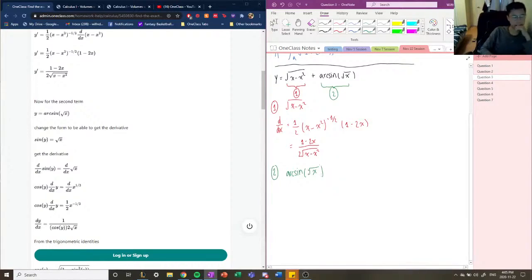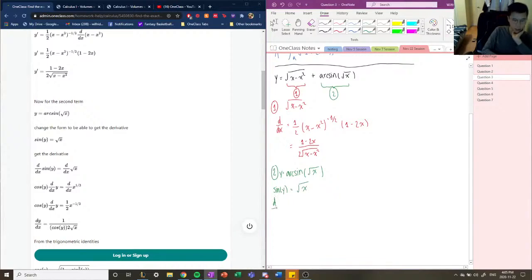Let's put a y here too. Why not? So we're going to get rid of this arcsine because it's really hard to differentiate arcsine. So we're going to apply the sine function to both sides. So we get sine of y equals root of x. So this is a little bit easier. And now we're going to implicitly differentiate this equation, okay?